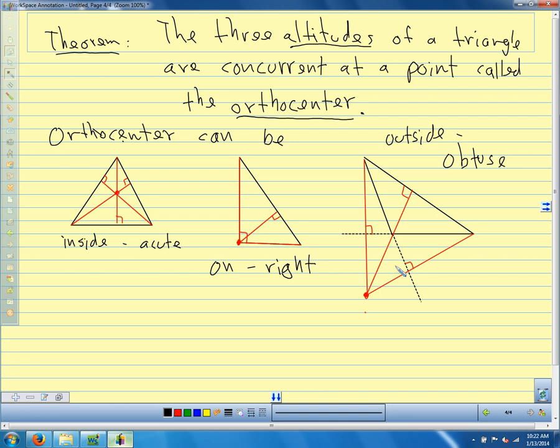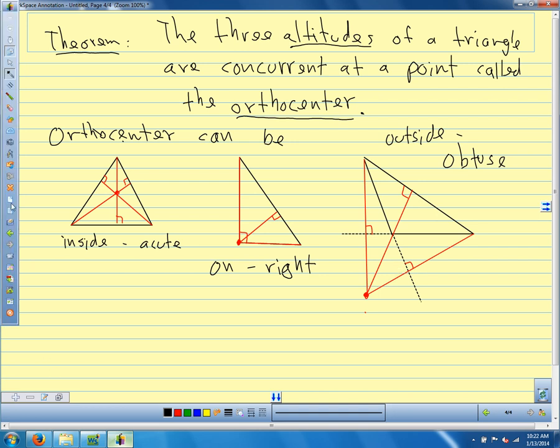So questions about the orthocenter? All right, I want to do one example. There are a couple of these in your homework where we need to use coordinates to find the orthocenter.